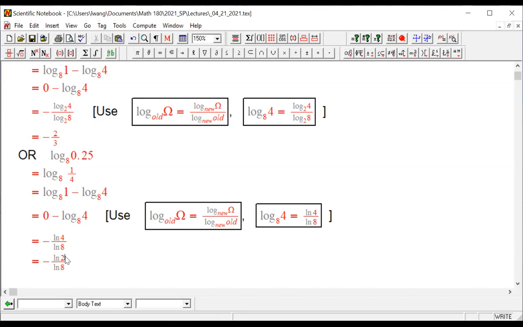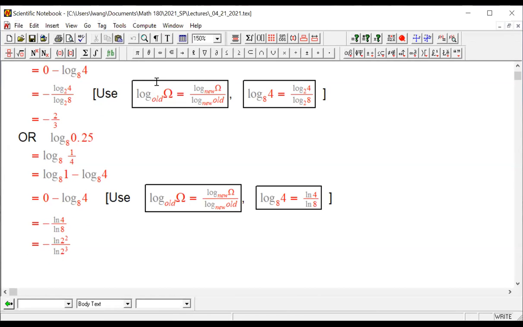ln 4 is ln 2 squared. ln 8 is ln 2 to the power of 3. Using the power rule. Okay, what is the power rule? Do we still remember the power rule? We have proved it, right? What is the power rule?